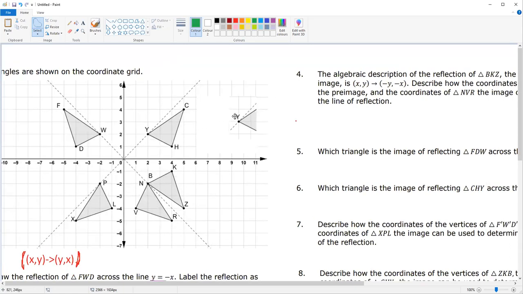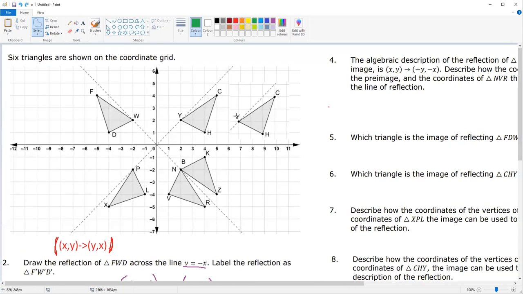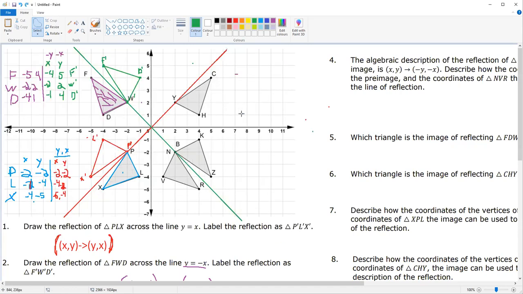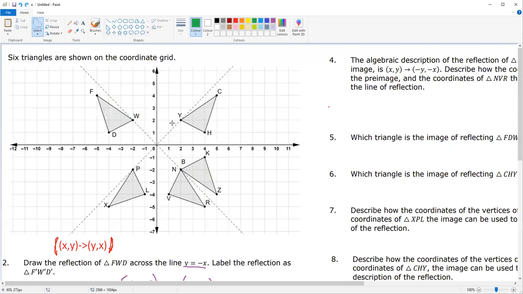No, that's not it. Control Z. I'm just messing around here. Let's see what would happen if I flip across the y-axis here.